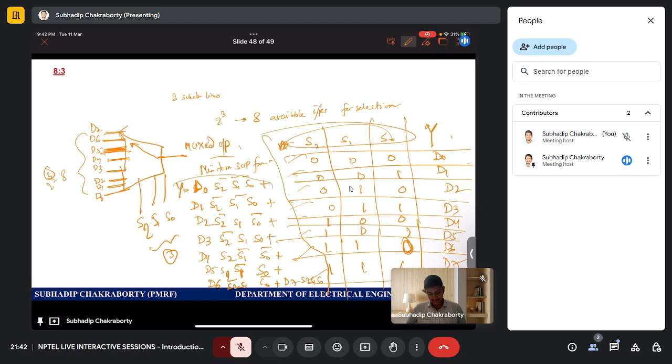So this is the equivalent Boolean expression for the 8:3 mux.